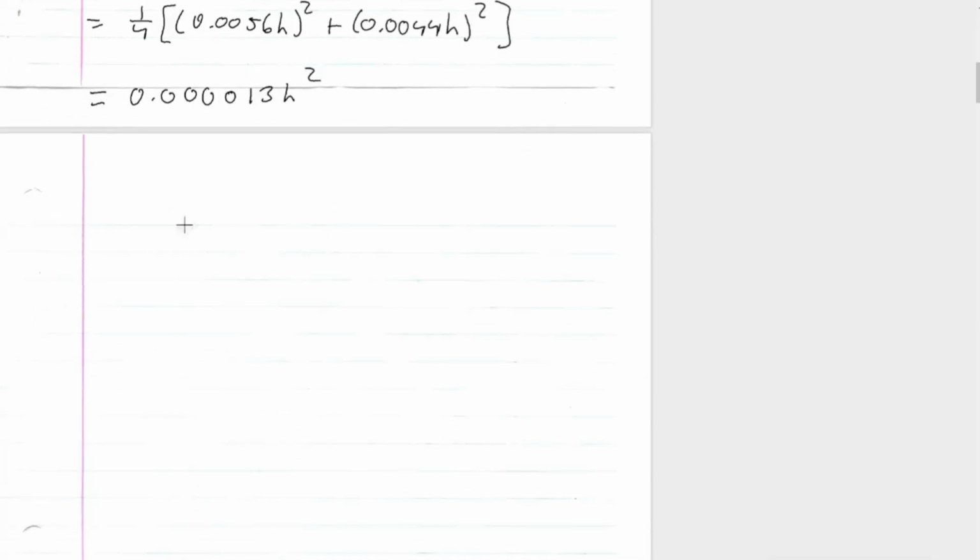So the variance of L plus M over 2 is 0.000013h squared.